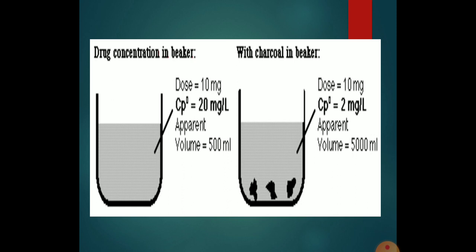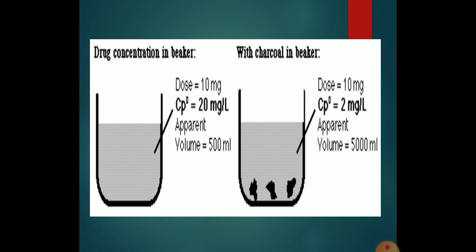But if you place certain charcoals, then this apparent volume of distribution will take the shape of the actual volume of distribution. That means these charcoals will soak or absorb those drugs, and hence you will probably get the proper volume of distribution. But mostly whenever we are uttering the term volume of distribution, we are trying to indicate apparent volume of distribution.